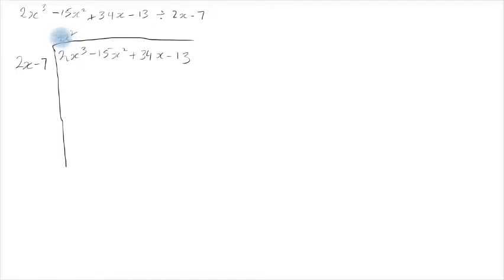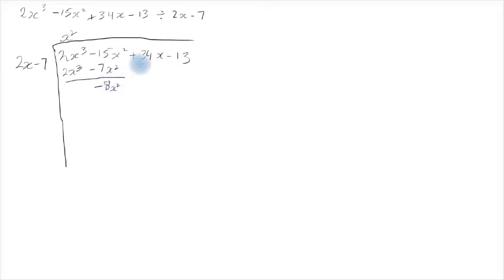Now x squared multiplied by this gives 2x cubed minus 7x squared. Now, do a subtraction here. 2x cubed minus 2x cubed, that's 0 there. Now, minus 15x squared, take away minus 7x squared, so it's sort of like a plus, if you like, becomes negative 8x squared.